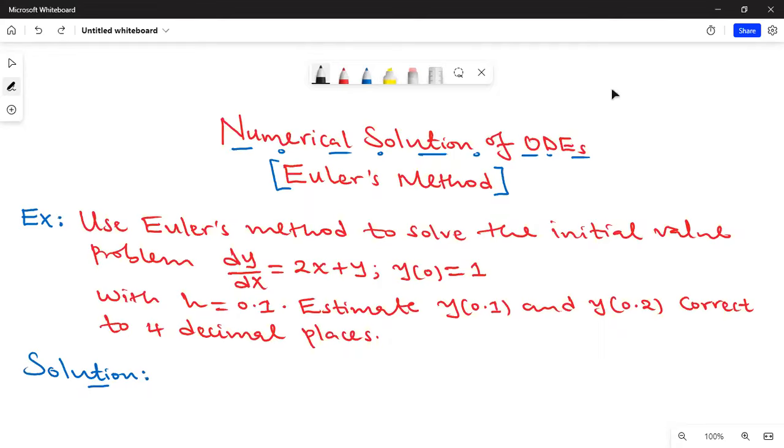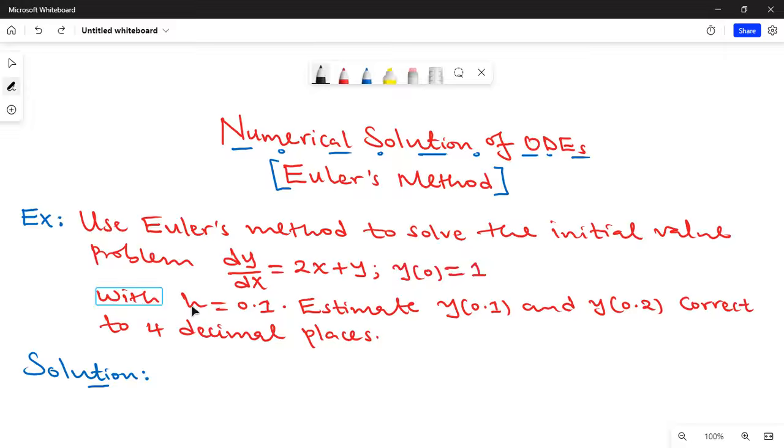Today we are going to look at numerical solution of ordinary differential equations, and in particular we are going to look at Euler's method. So we have this question. We are asked to use Euler's method to solve the initial value problem given by dy over dx is equal to 2x plus y, subject to the initial condition y of 0 is equal to 1.